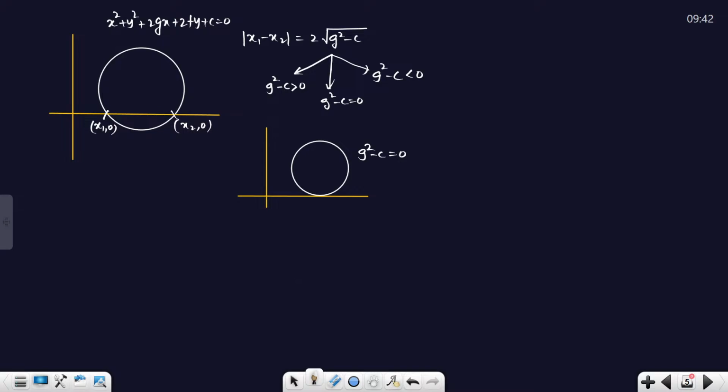And there will be an intercepted length when g square minus c is greater than 0. But if g square minus c is less than 0, in that case what will happen? It is not going to touch the x-axis, nor will it intersect. Getting my point?